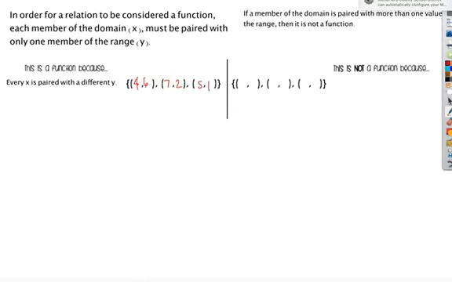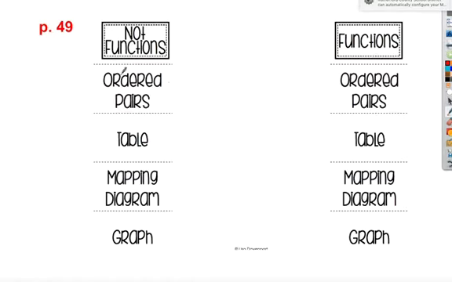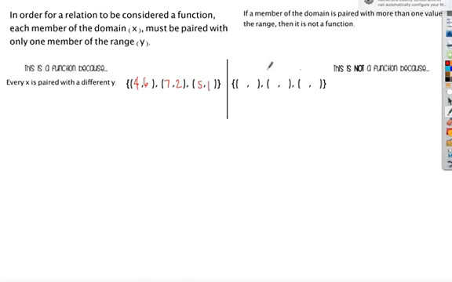If you open up your not a function flap underneath ordered pairs, you would have a relation that looks like 8, 3, 9, 5, and 8, 6. And we would say that this one is not a function.